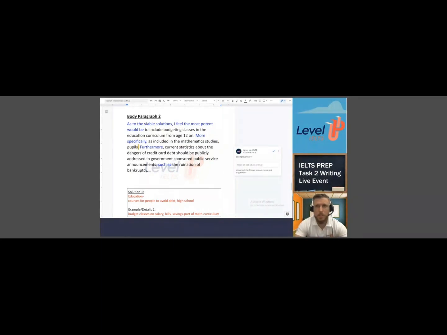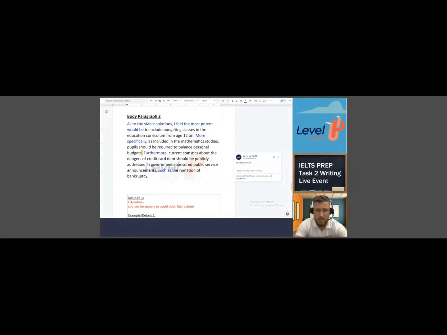Pupils is a good collocation for students, high level. Pupils should be required to, now we're getting into what they're doing in the budget classes, balance personal budgets, taking into account salary, getting real detailed here, alongside various bills and mortgage payments.